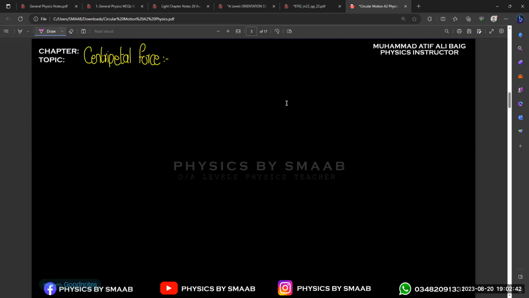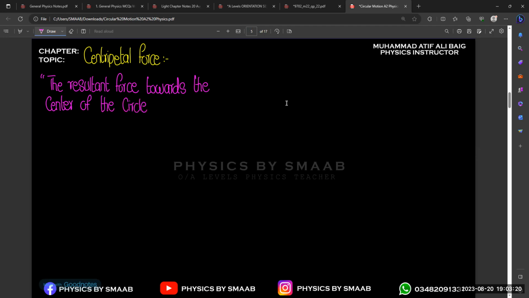So again, the definition for 1 mark, we need to write: the resultant force towards the center of the circle required to keep a body in uniform circular motion, right?